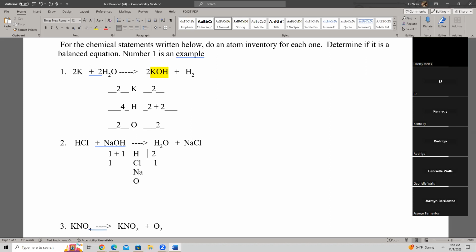I'm trying to make it look pretty, but it's hard. Okay, the next one is the sodium. Okay, so sodium, we have how many? Sodium, we have 1. Okay, so 1 sodium. There we go.